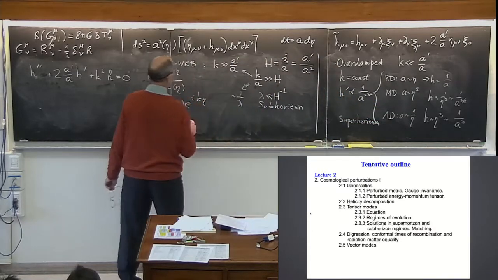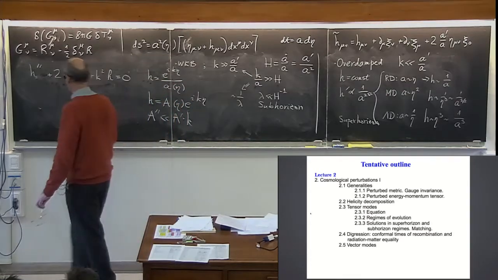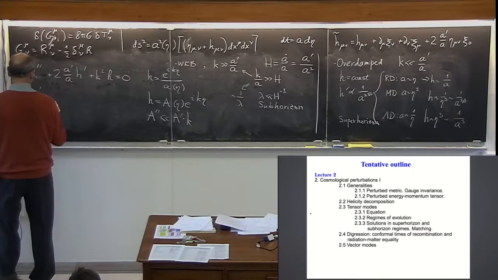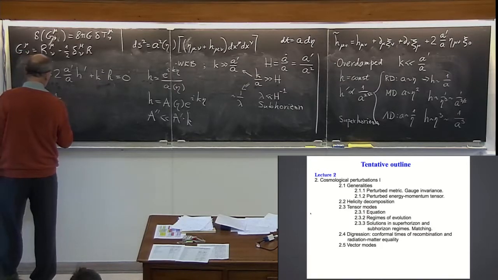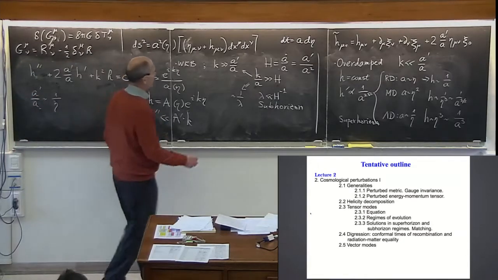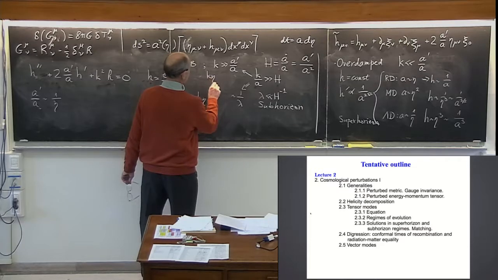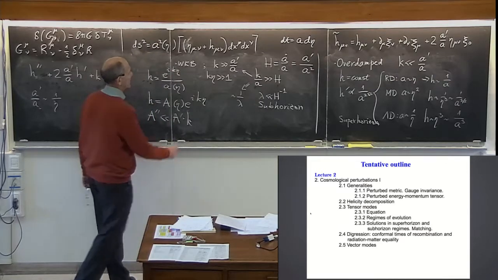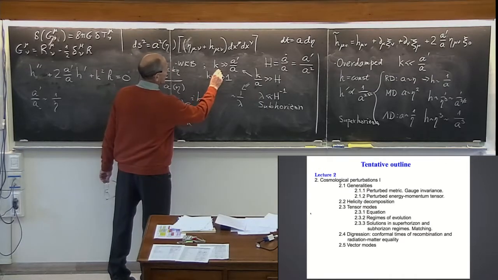Therefore, a prime over a is 1 over eta. Okay? So the WKB regime is realized when k eta is much greater than 1. Okay? That's the same thing as here.